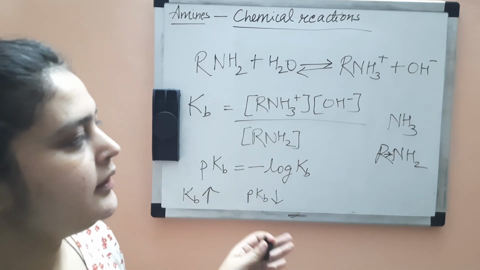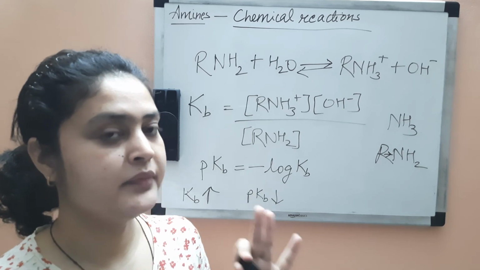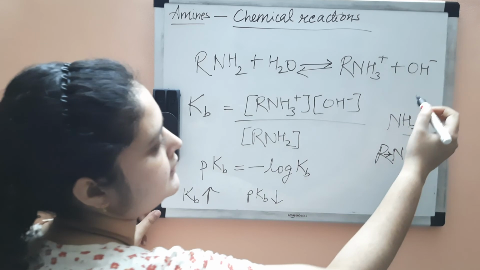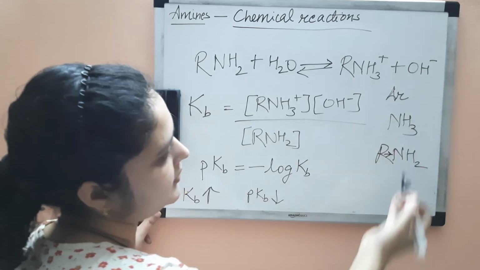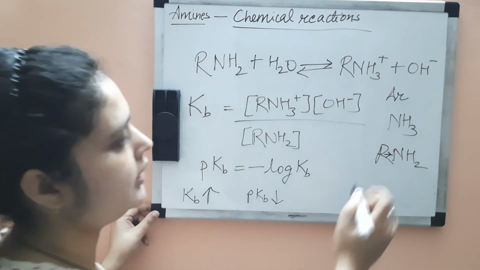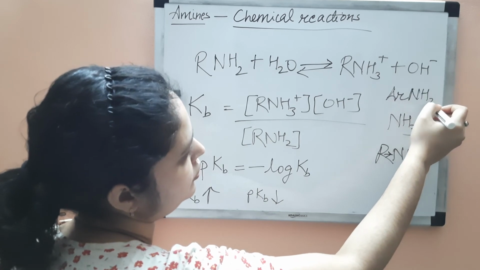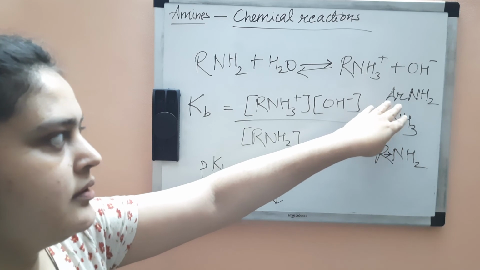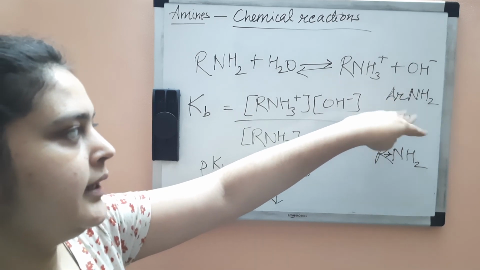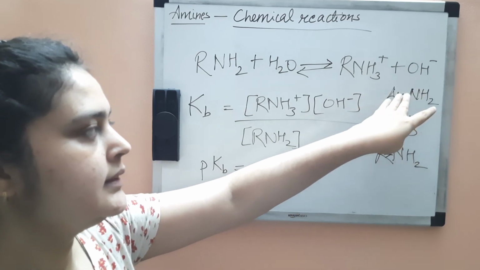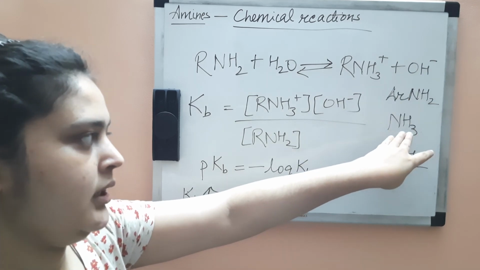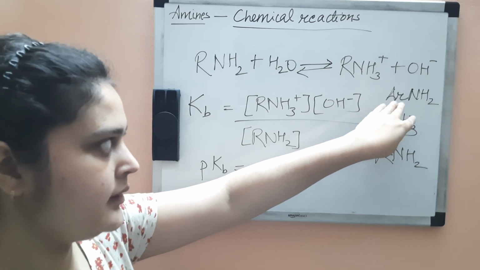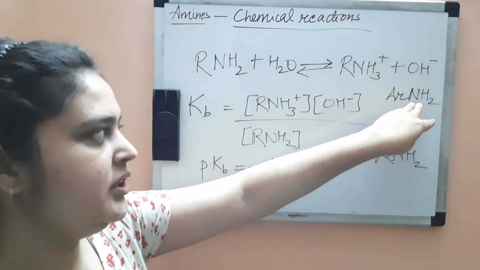And if you compare the aromatic amine or aryl amine with ammonia, I am representing the aryl amine with Ar-NH2. Here, because of the electron withdrawing nature or resonance effect of the aryl group, it is less basic than ammonia, because it will pull the electrons towards itself from the nitrogen atom.